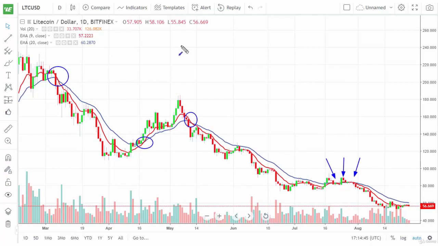And so looking at this, you can see how you enter when it crosses. So you would have entered here long, you would have bought, and you would have exited here short, would have been a small profit. Here, you would have shorted, and you would have bought there, would have been a much bigger profit.